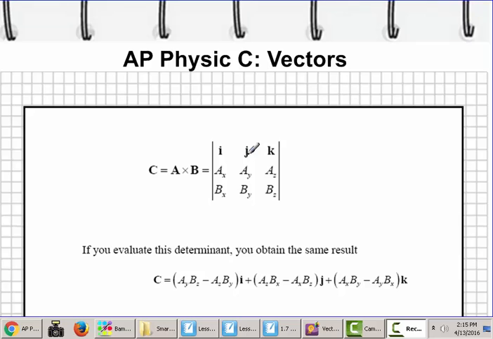Then when I jump to j, I have to negate the j, and then it's going to be Ax times Bz minus Az times Bx, plus k hat, which is Ax times By minus Ay times Bx. Note, you're going to get another vector. Again, it's going to have values of i hat, j hat, and k hat. So that's how you're going to do the cross product of vectors.